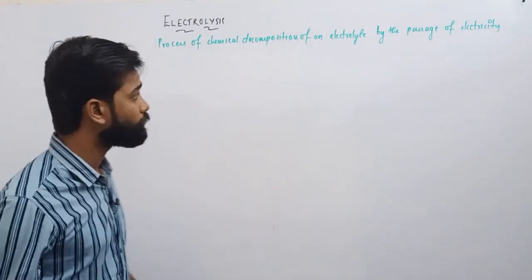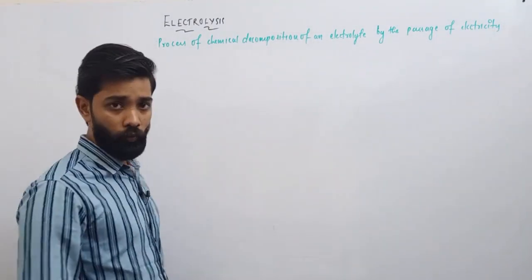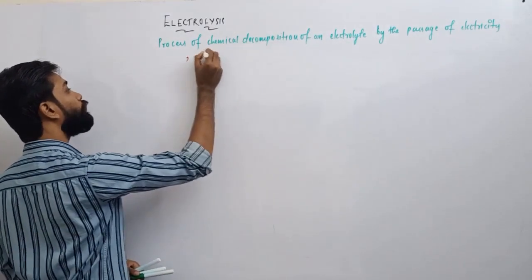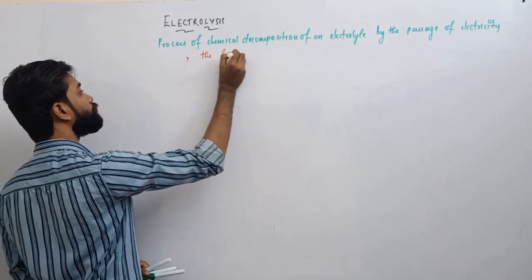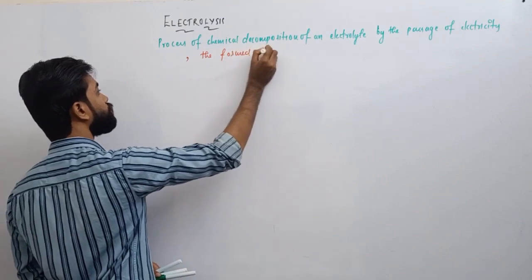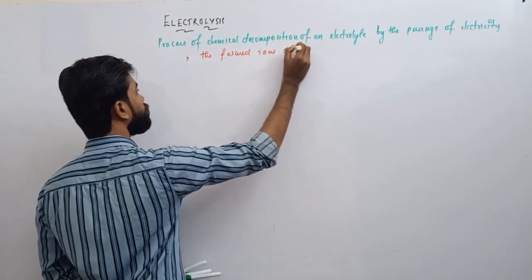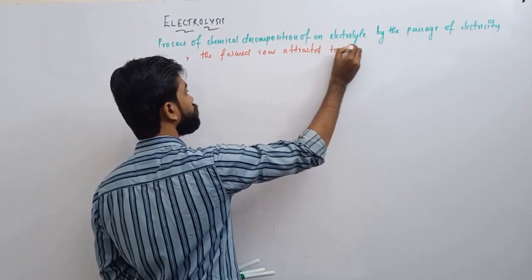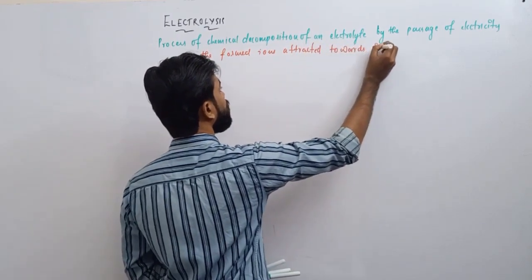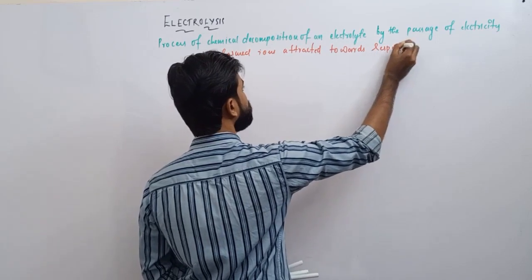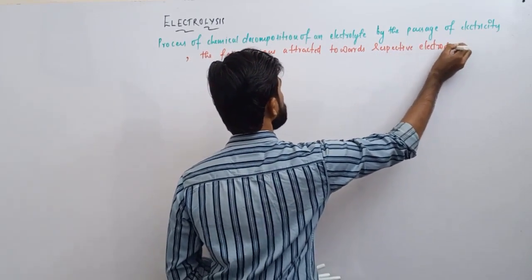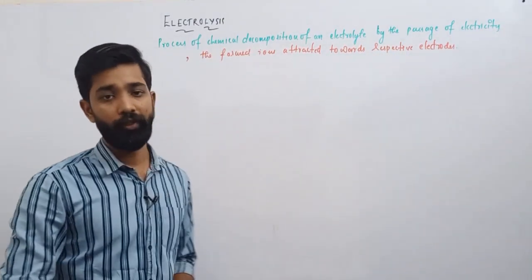Moreover, the formed ions are attracted towards the respective electrodes. They form some kind of ions, which we know are cations and anions.